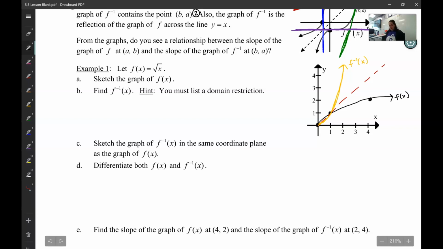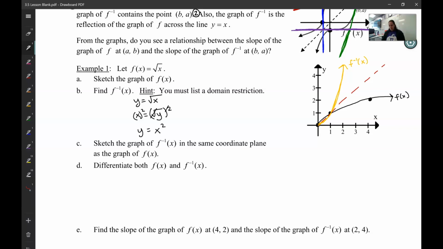We need to now find the equation. So let's remember how we find the equation of inverses. You switch the f of x to a y. Flip the x and the y. And then solve for y. That's how we find inverse equations. So we've got y equals x squared. And we should already know that.